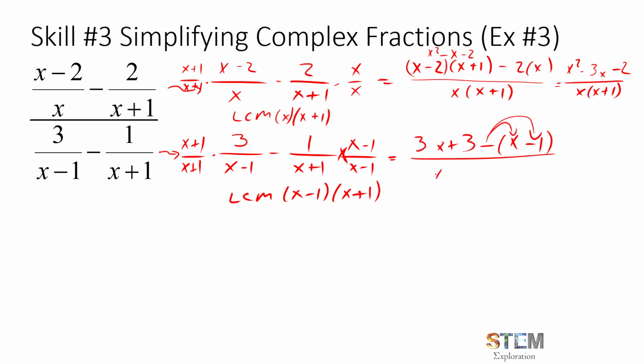And then you'll have x minus 1 and x plus 1 as your factors. All right, and we can simplify this out a little further. 3x minus x and 3 plus 1. So that'll give us 2x plus 4, which could be simplified out a little bit.